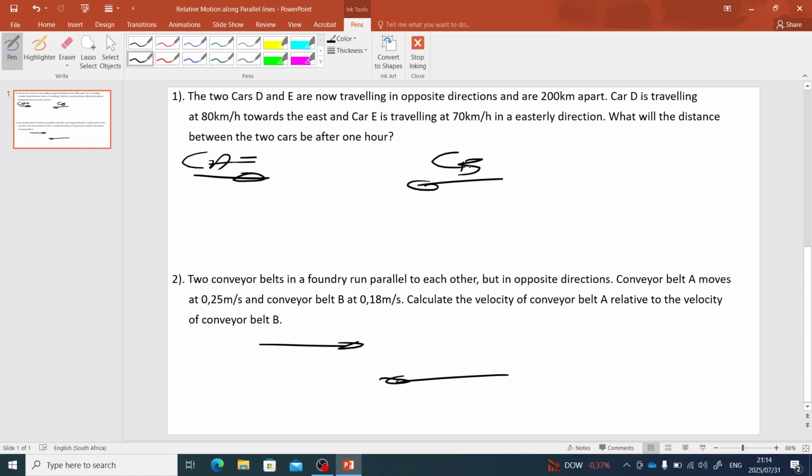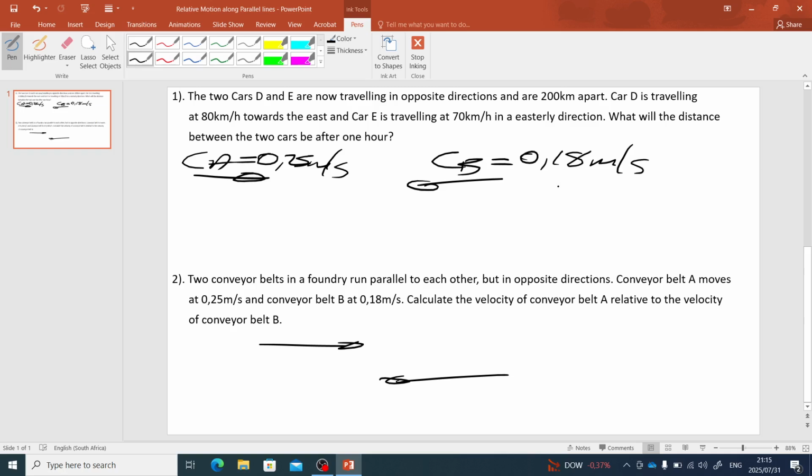At what speed we shall write that now. Conveyor belt A moves at 0.25 meters per second, and conveyor B at 0.18 meters per second.